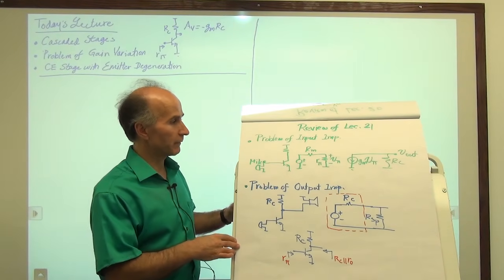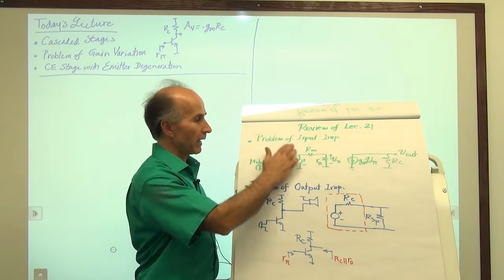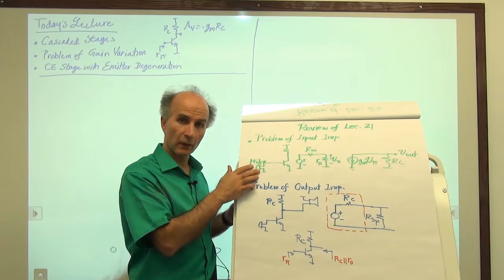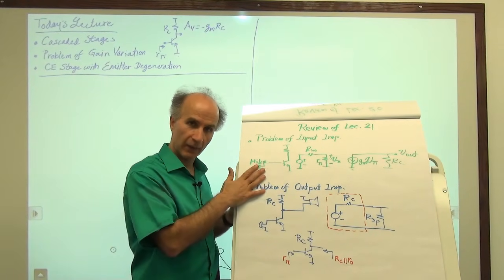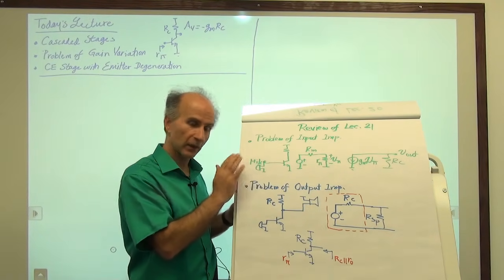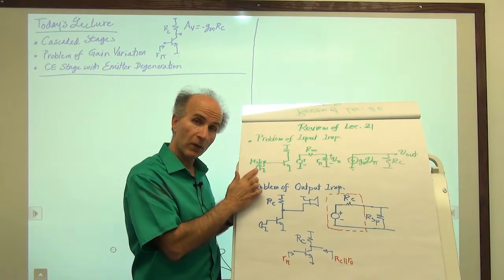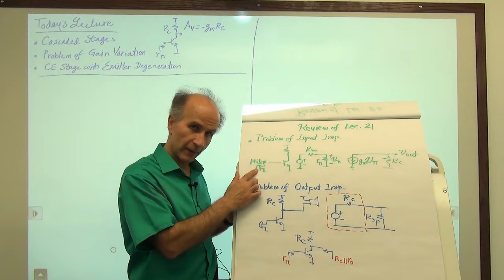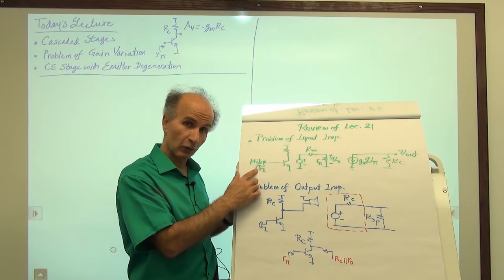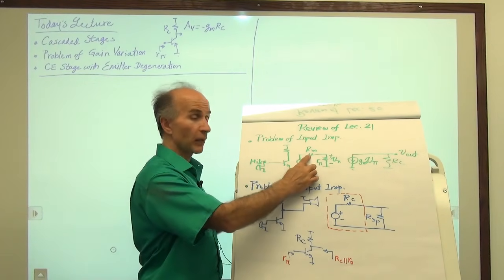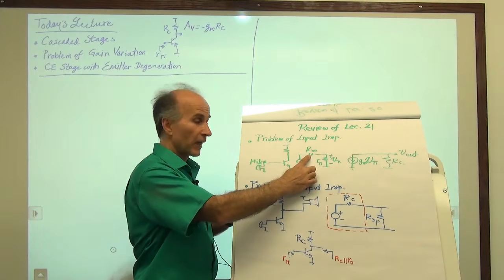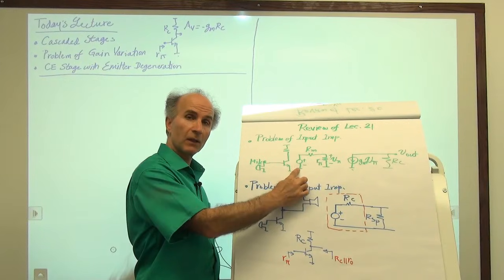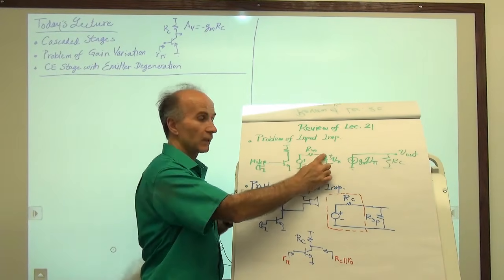And what we observed was the following. If we have a simple common emitter stage and we connect a microphone to it, of course with bias voltages and everything else, which I have not shown here, and if the microphone itself is not an ideal voltage source, but has some internal resistance as modeled by this Rm, then we attenuate the microphone signal as we go from here to here.